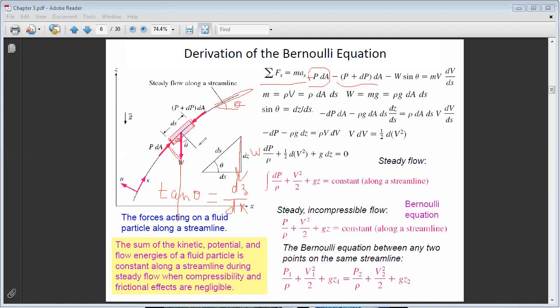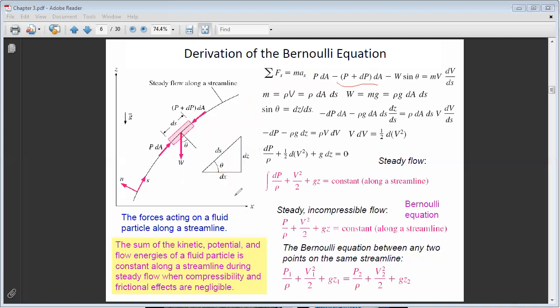And so if I want to determine the angle between the tangential direction and the weight, this angle will be pi over 2 minus theta. So if you want to project the weight on the tangential direction, you do cosine of pi over 2 minus theta, or you do sine of theta.